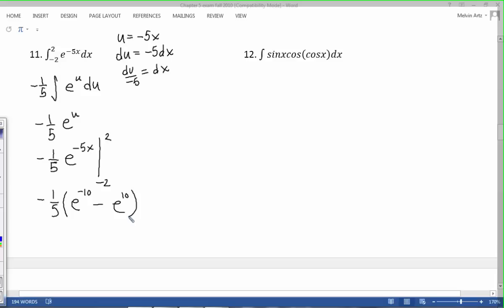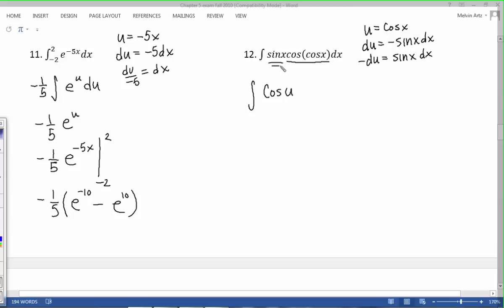Number 12, if we let u equal cosine of x, du would equal negative sine x dx. And I can see we don't need the negative, so let's divide that. So replacing, we have the cosine of u would replace this piece right here in terms of u.